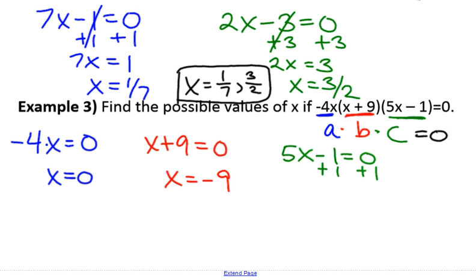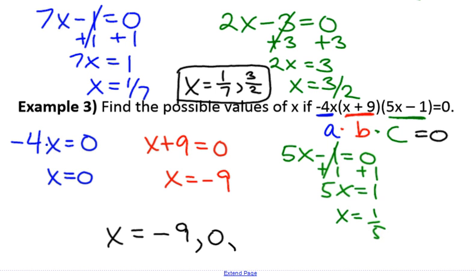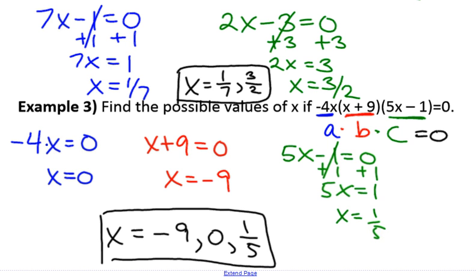If you add 1 first, then divide by 5, then you get 1/5 as x. So now to write my final answer, I'm going to say x equals, and I'm going to go from smallest to largest. My smallest number is actually negative 9, then 0, then the fraction 1/5. So I have three possibilities of that equaling 0.